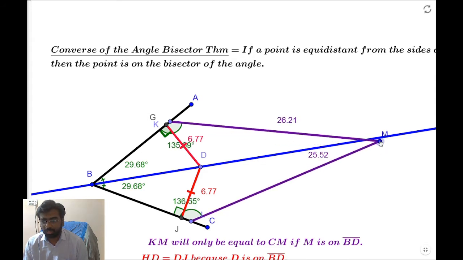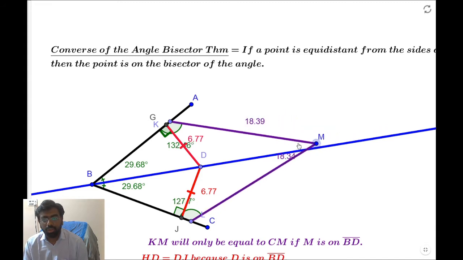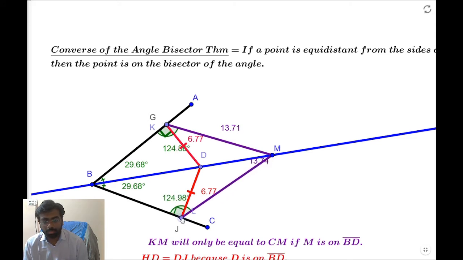Even if it is on the bisector, the distance must be equal. As per the converse of the ABT, only if the distances are equal can you say the point is on the bisector. You can adjust the point as given, and if you locate it properly, the point will be on the bisector.